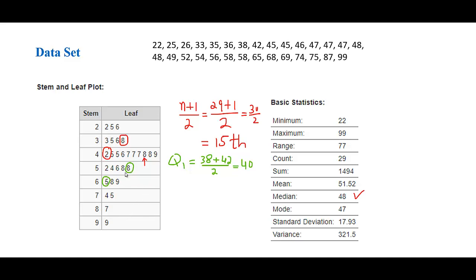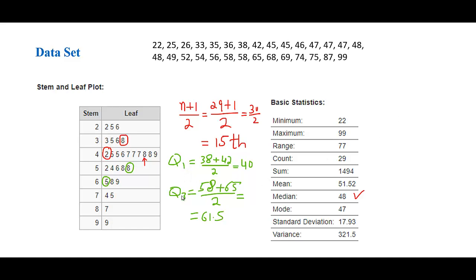Let's find the average of these two, and the average of these two will be the median of the upper portion of the data, which is called the upper quartile, that is Q3. The unit place is 8 and the tens place is 5, so it is 58, and this is 65. Q3 is 61.5.